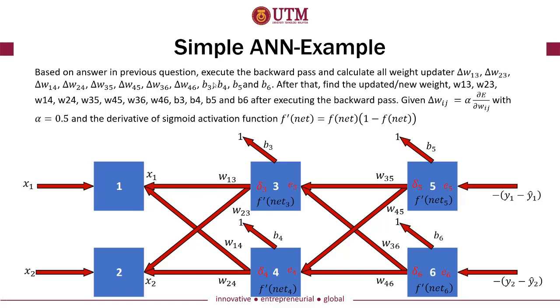When you want to find the updater for the output layer, it is not a problem. But when you want to find the updater for the hidden layer, if you update W35 and W45 earlier, then your E is wrong, because you are using the new W35 and W36 to calculate the E3. So that's why don't update your W before you get all the updaters of the whole neural network.